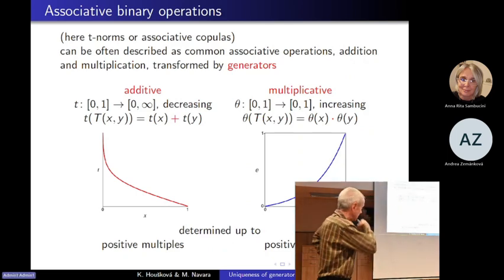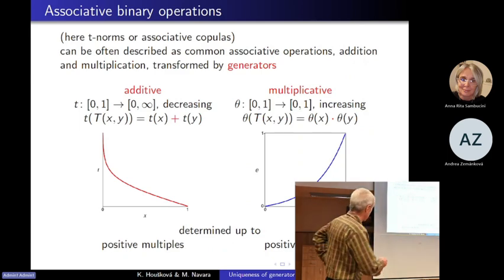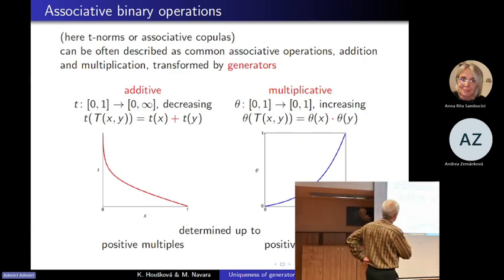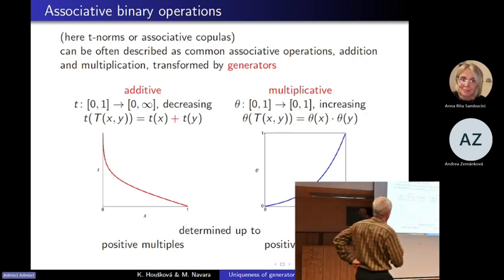Now, recall that these are determined in this context. They are of this shape: decreasing additive generators, increasing multiplicative generators. Decreasing additive generators can be unbounded, multiplicative ones are bounded by the unit interval. And they are not uniquely determined by the binary operations.